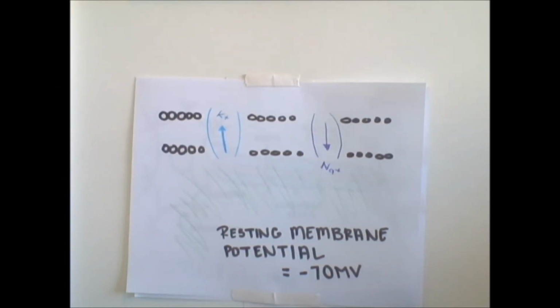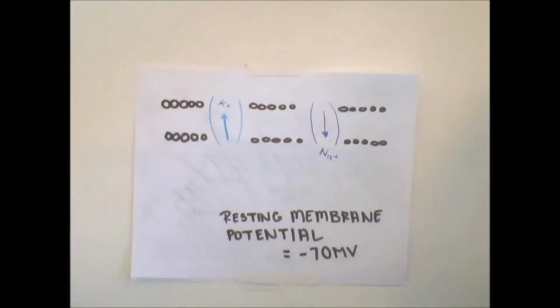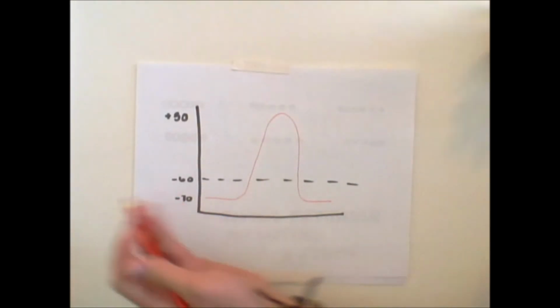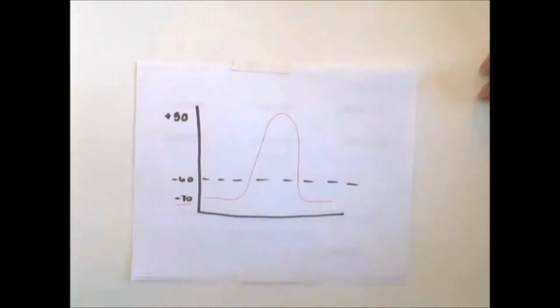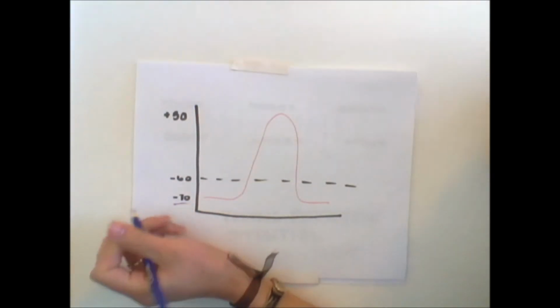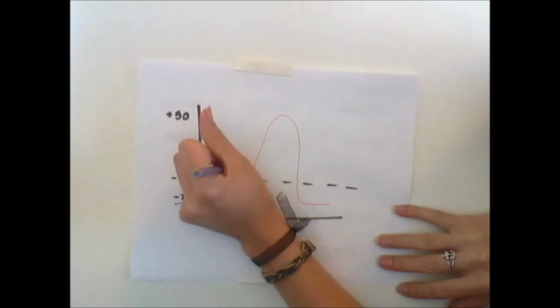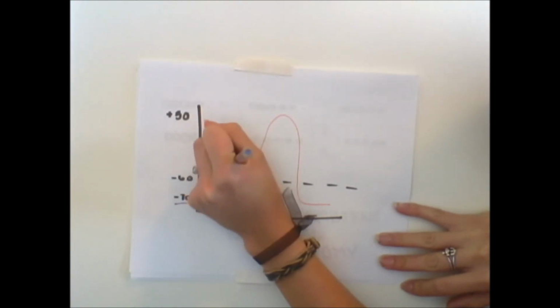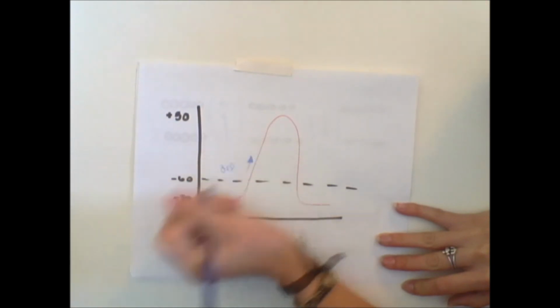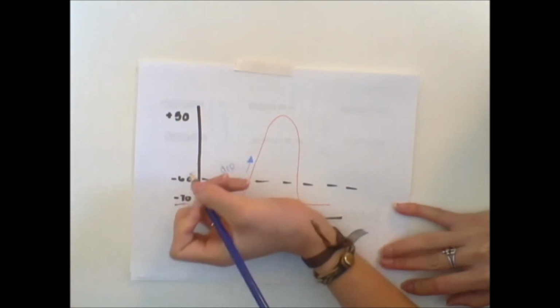Let's create a graph to describe what I am talking about, to see if you can actually comprehend. First off, I labeled the axis with -70, -60, and 30. You'll understand what those are for as we go along. It's going to start at -60 as the sodium channels are opening, and it's creating a depolarization as the sodium is entering the cell.